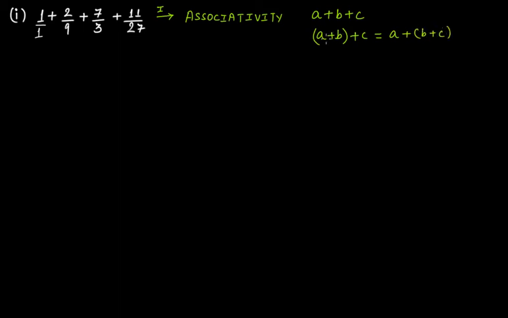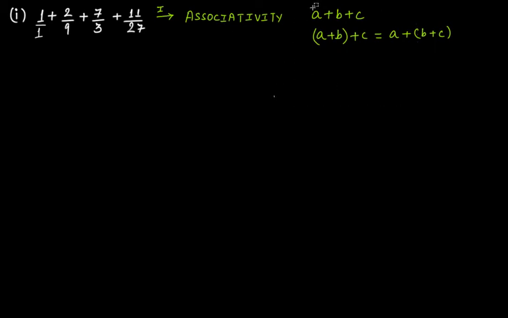First we are adding a and b together, then we'll add c to the sum we get from a plus b. But in this case, you first add b plus c, you get the sum, and then you add the sum to a, right? But the result will always be the same, whether you follow this one or this one. That's what associativity tells us.